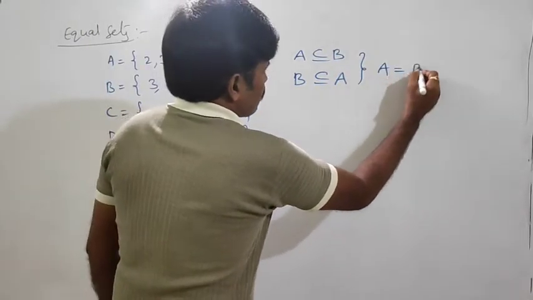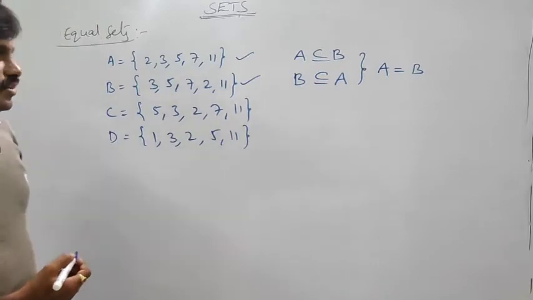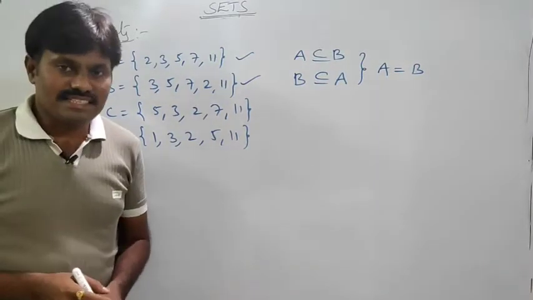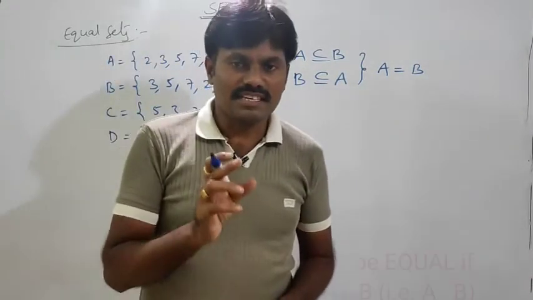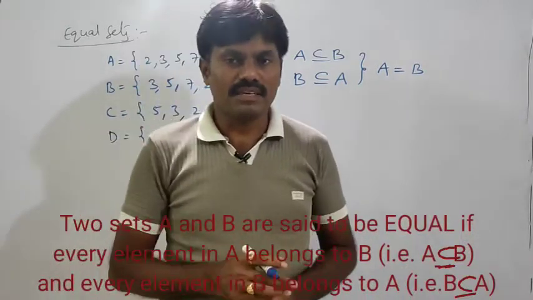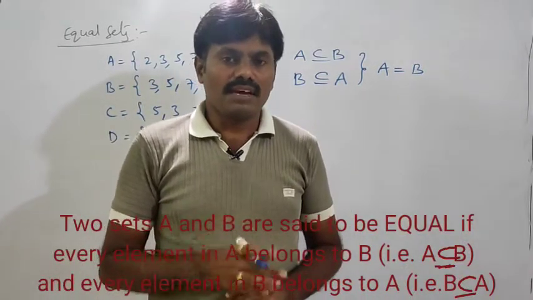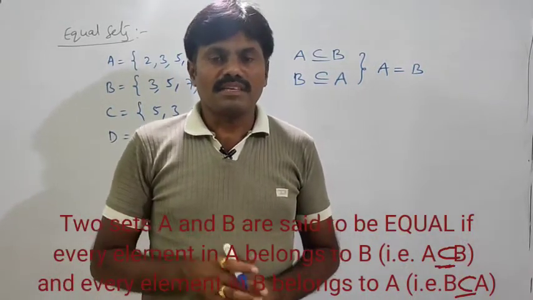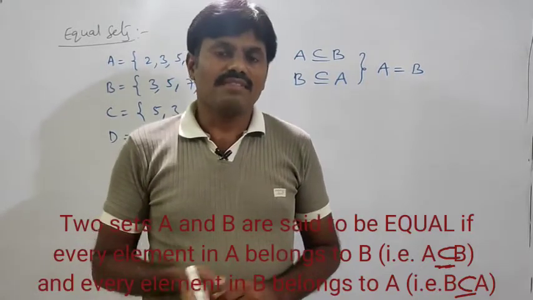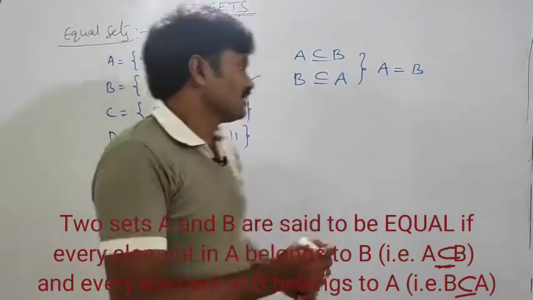A is equal to B. So the definition of equal sets is: if you consider two sets A and B, every element of set A must be in set B and every element of set B must be in set A.